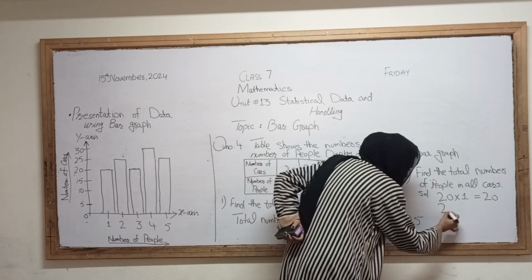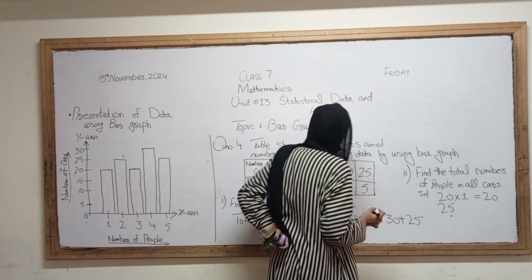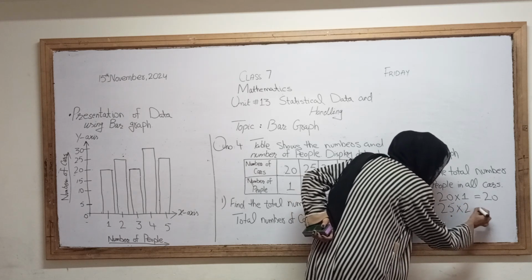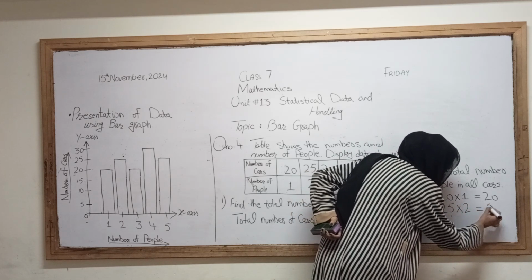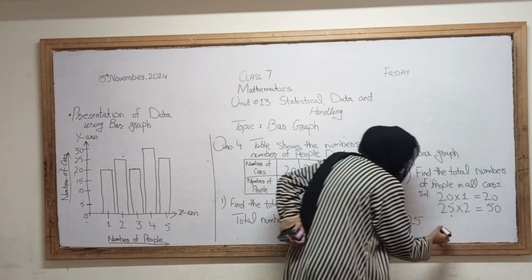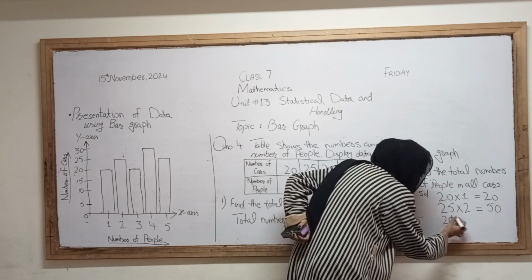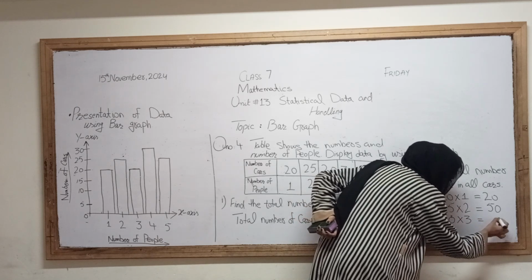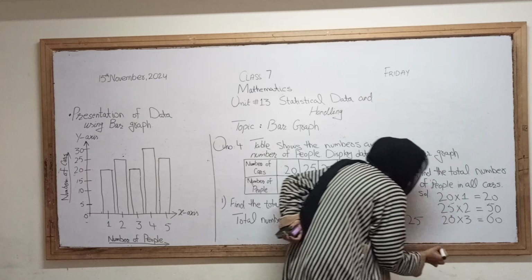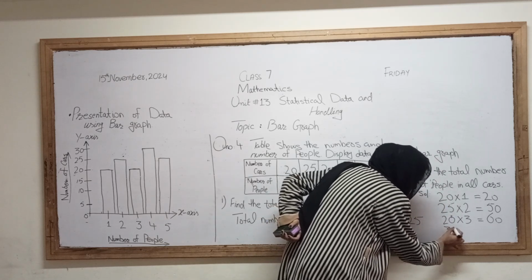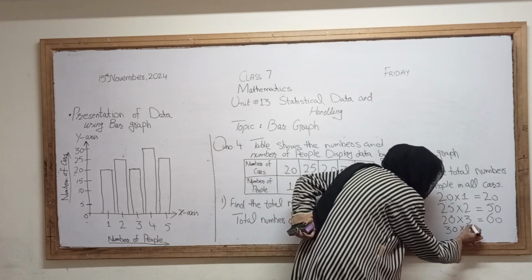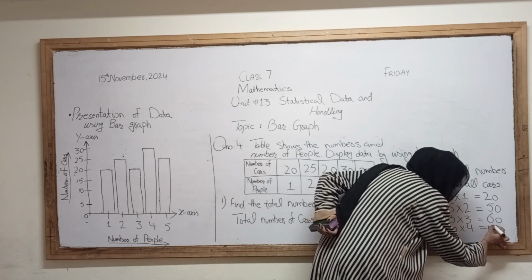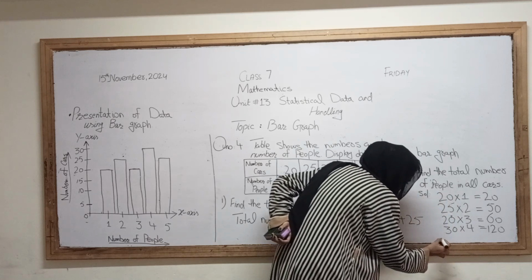And there are 25 cars in which how many persons are present? 2. You will multiply 2 with 25 and it will give you 50. Again there are 20 cars in which 3 persons are present and it will give you 60. There are 30 cars in which 4 persons are present and it will give you 120.